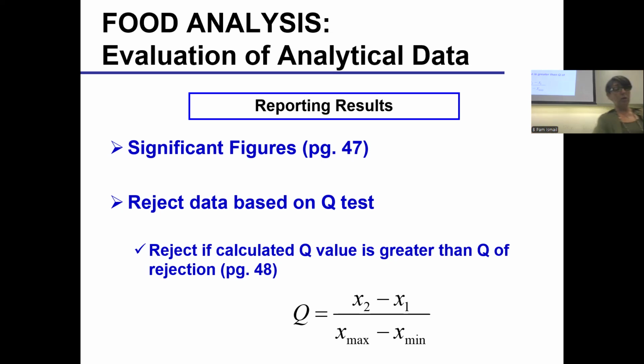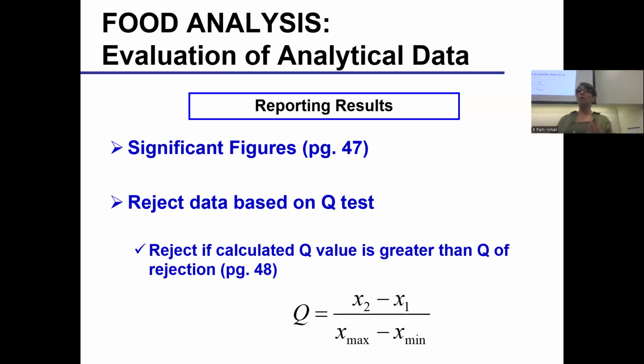Now in your book on page 48, hope I got that page right, there is a table 4.4. It gives you the tabulated Q values. You ask, what is the number of observations? Let's say you have 3 observations, and then it gives Q of rejection at the 90% level.